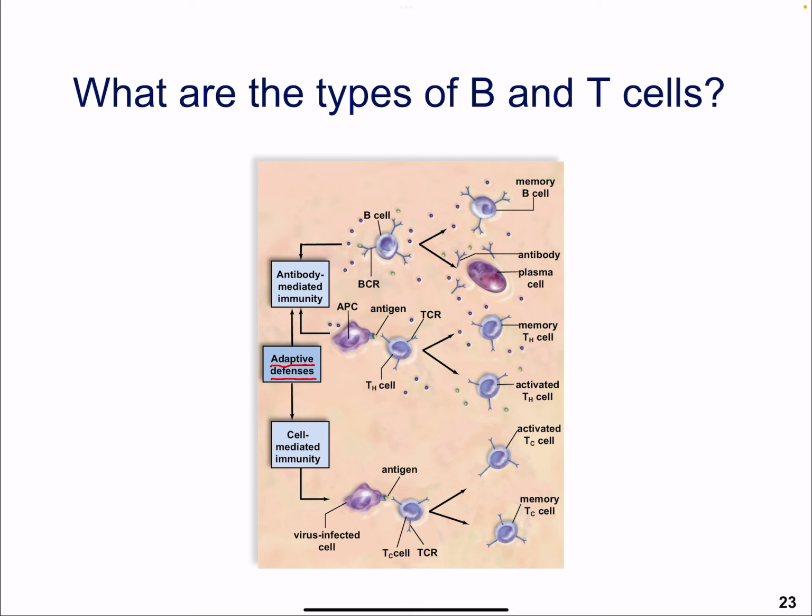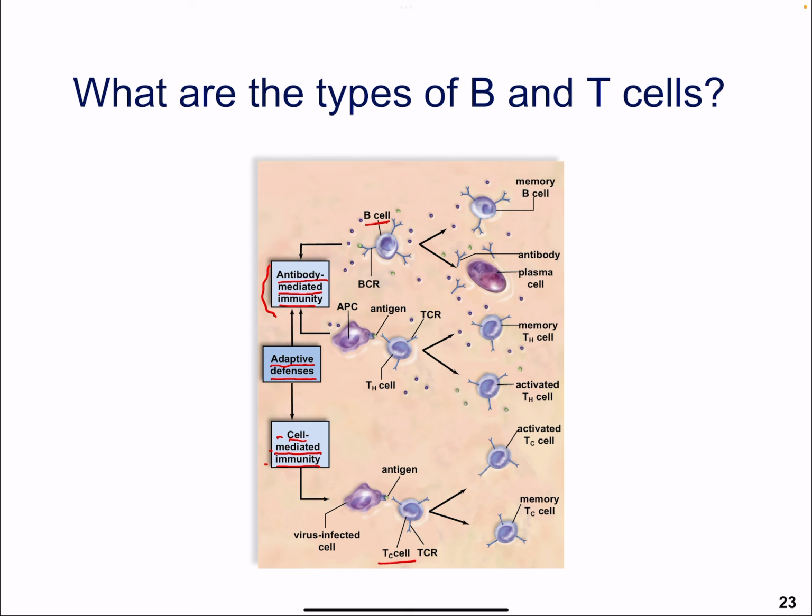That adaptive immunity is going to involve antibodies in antibody-mediated immunity, and cell-mediated immunity. Antibody-mediated immunity is going to involve B cells, while cell-mediated immunity is going to involve T cells.